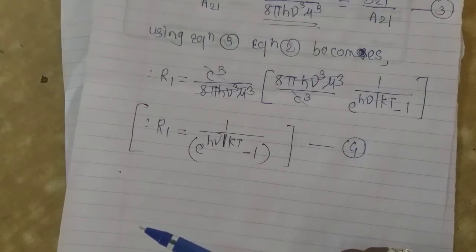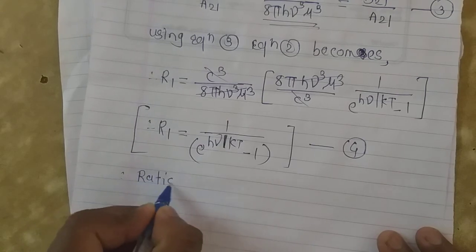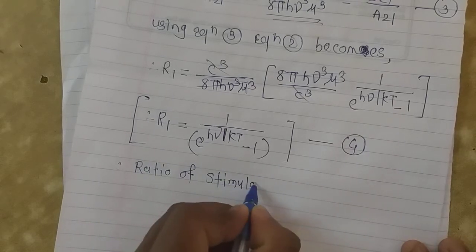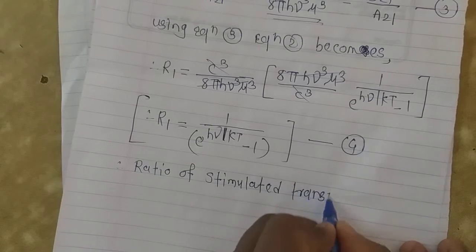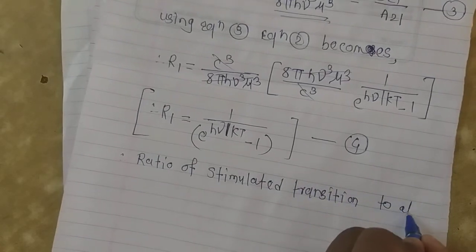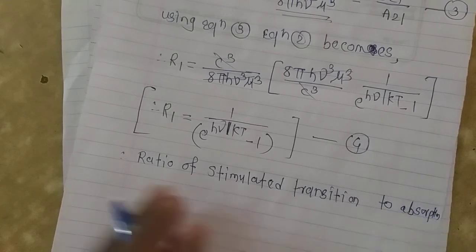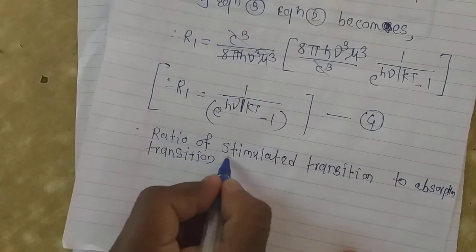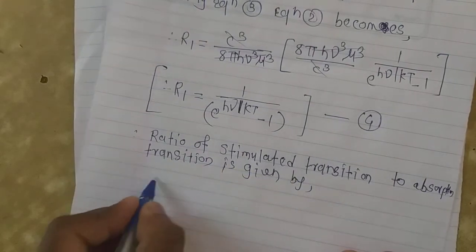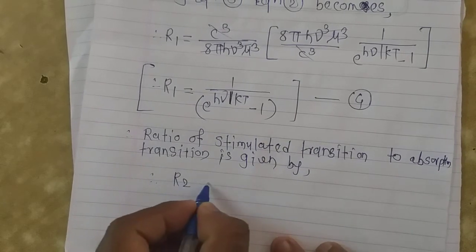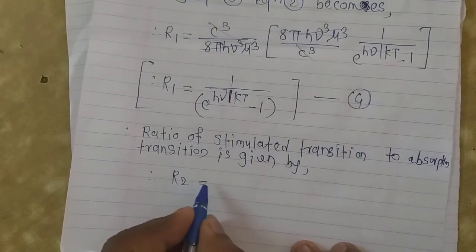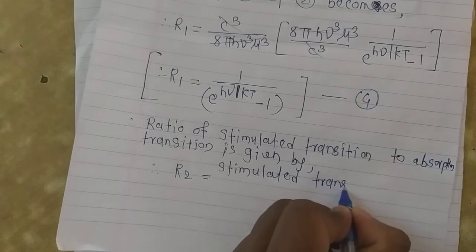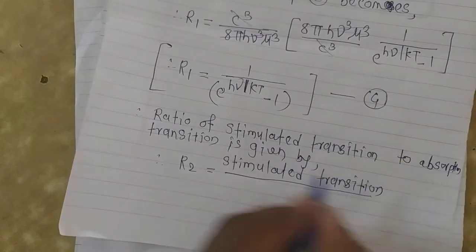We denote this ratio R2, that is, stimulated transition divided by absorption transition.